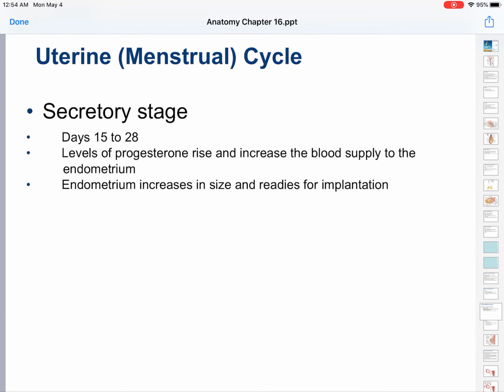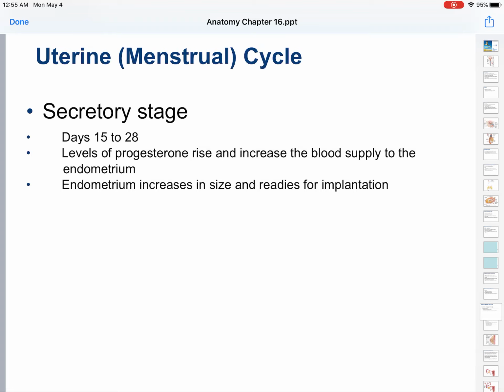And the final stage, the secretory stage, days 15 through 28. Levels of progesterone rise and increase the blood supply to the endometrium. This allows the endometrium to increase in size and be ready for implantation.